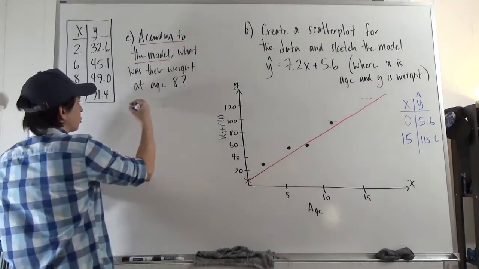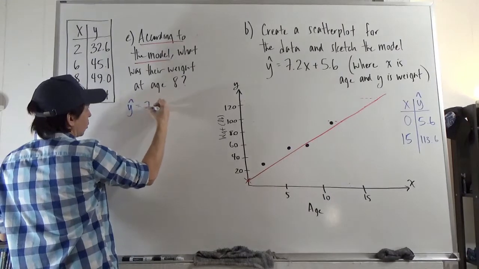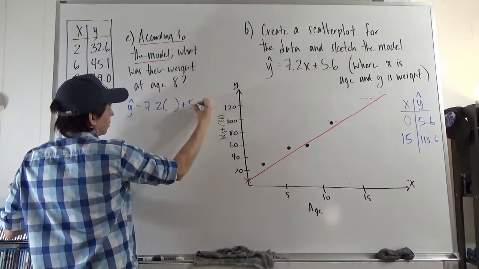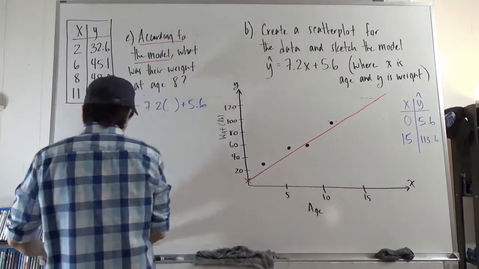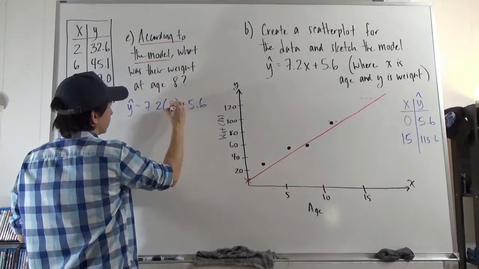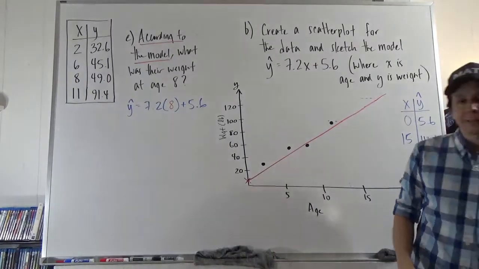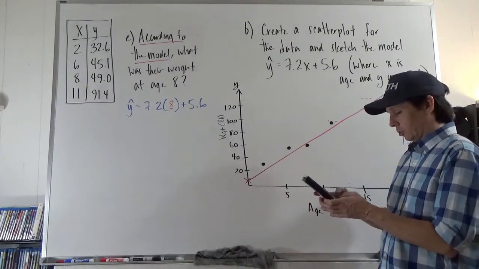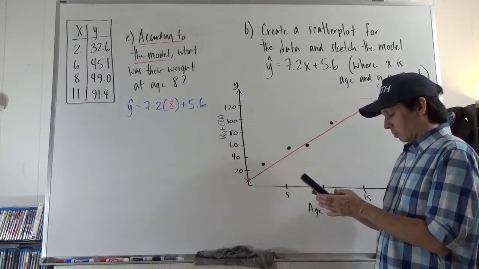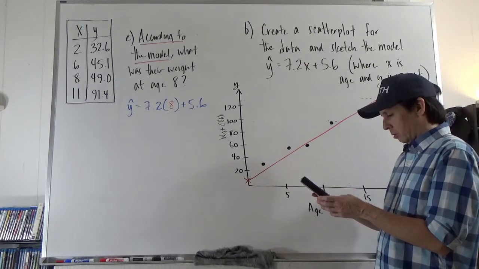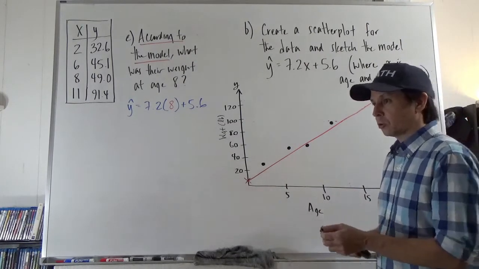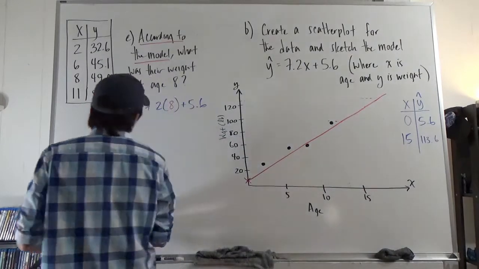We did that before, so we're going back to our equation. We're going to plug in 8. We're going to get the predicted weight at 8 years. I got 63.2. 63.2 pounds.